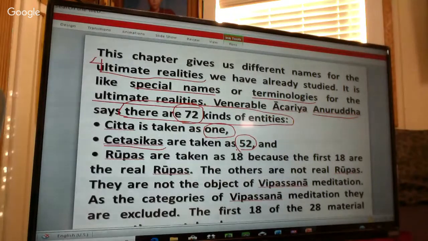So that's why the manifestors, 52 kinds of manifestors, have a different characteristic. That's why we take Cetasikas as 52. And then Rūpa, material, the third kind of ultimate reality, is taken as only 18.